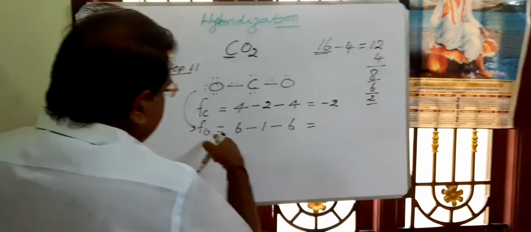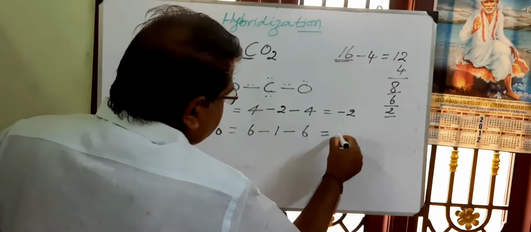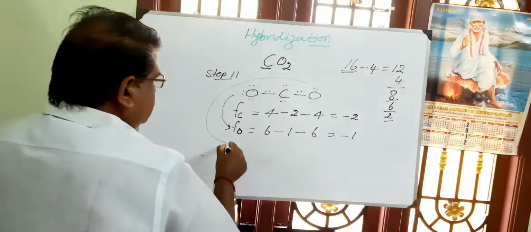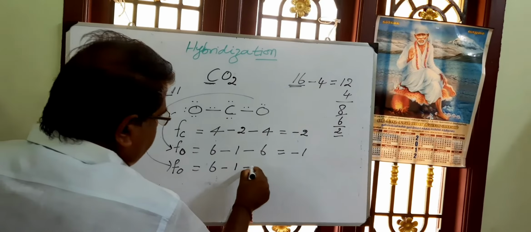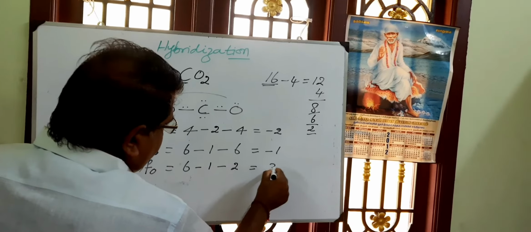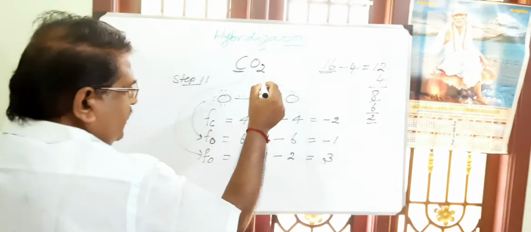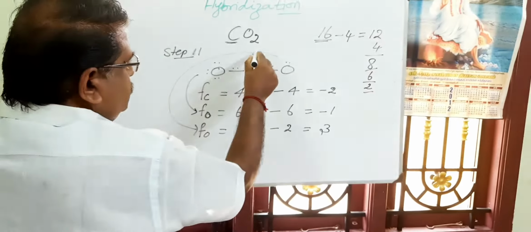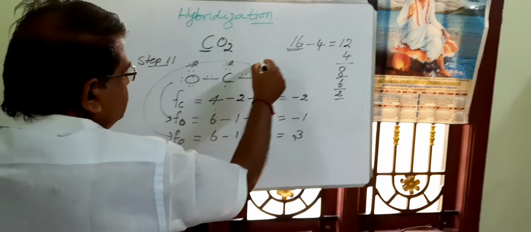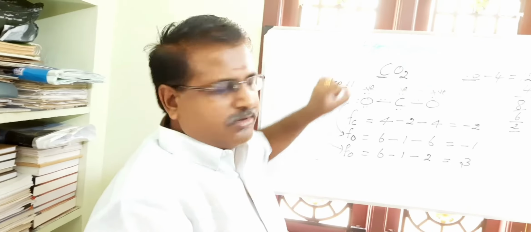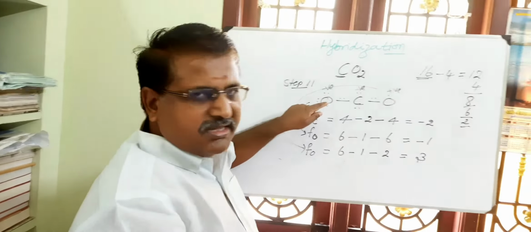So the charge of this oxygen is minus 1. For this other oxygen, the formal charge is 6 minus 1 minus 2, which is equal to plus 3. So if this is the molecular structure of carbon dioxide, the molecule should be charged. Carbon will have a negative charge, this oxygen will have a negative charge, and this will have a positive charge. But carbon dioxide is a neutral molecule, so this structure is not correct.